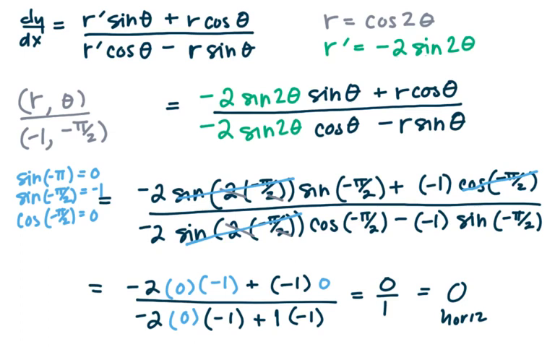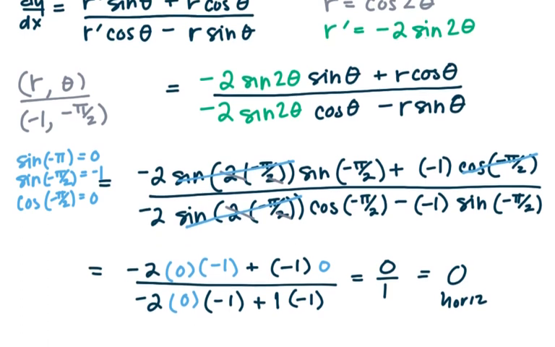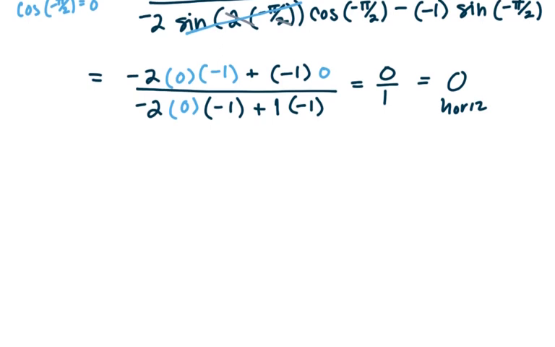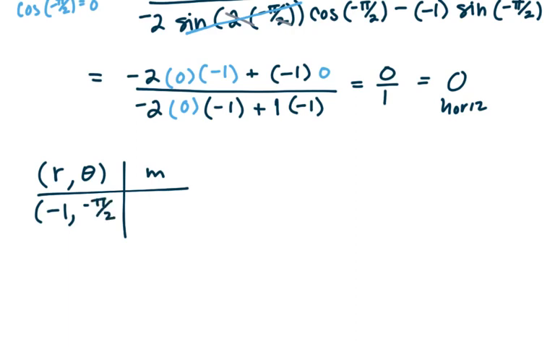I think doing that for 3 more ordered pairs is really busy work, so I'm going to tell you what those answers are. Again, if we have some (r, theta) ordered pairs, we know what the slope is. For negative 1, negative pi over 2, my slope is 0.